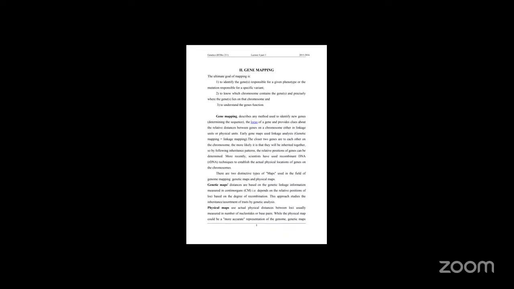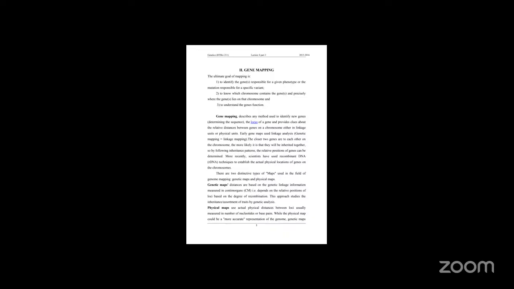So what is a genetic map or genome map? Genome mapping is a method employed to find out the distance between the genes, not only on the same chromosome but also on different chromosomes, and also to locate the position of the gene and know its function. There are two types of these maps: one is called a genetic map and the other is called a physical map.